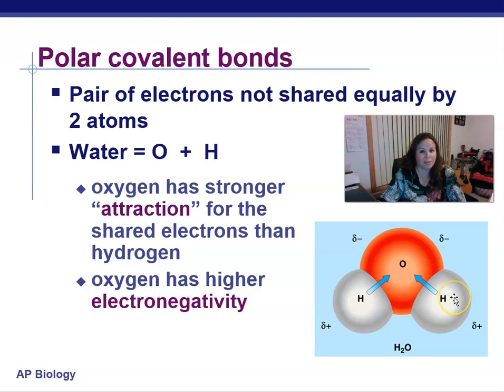So the sharing is a little bit unequal. So those electrons that would be moving around between the two spend a little more time on the oxygen side than they would on the hydrogen side. Not enough to pull them away or anything, but it makes oxygen have just a little bit of a negative charge. And then the hydrogens just a little bit of a net positive charge.